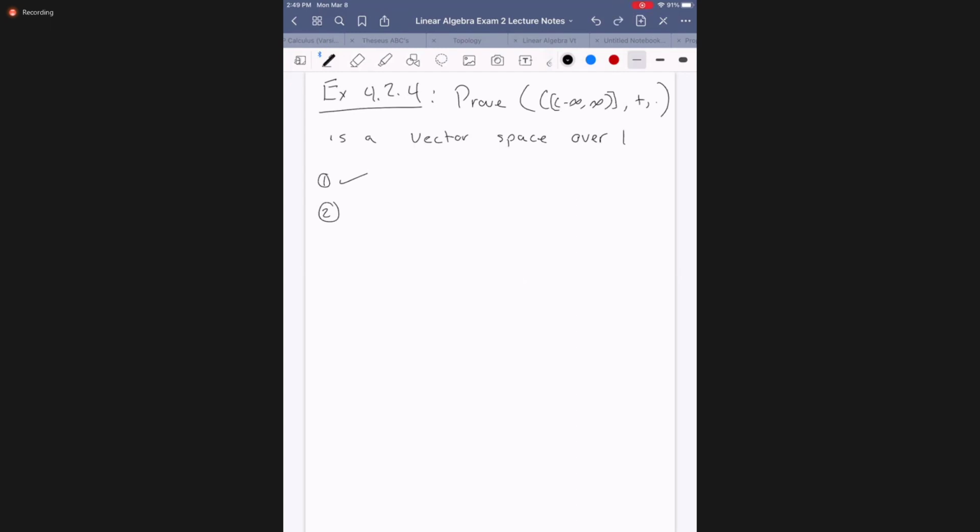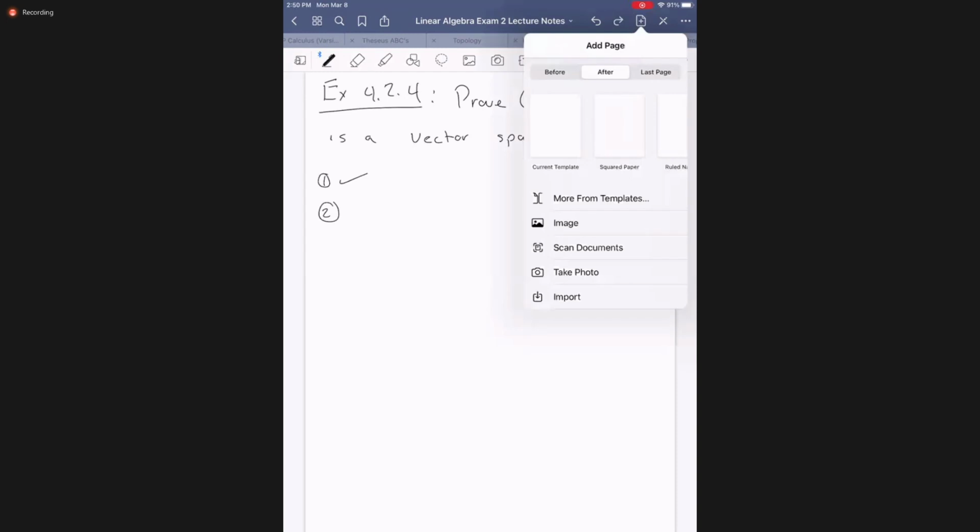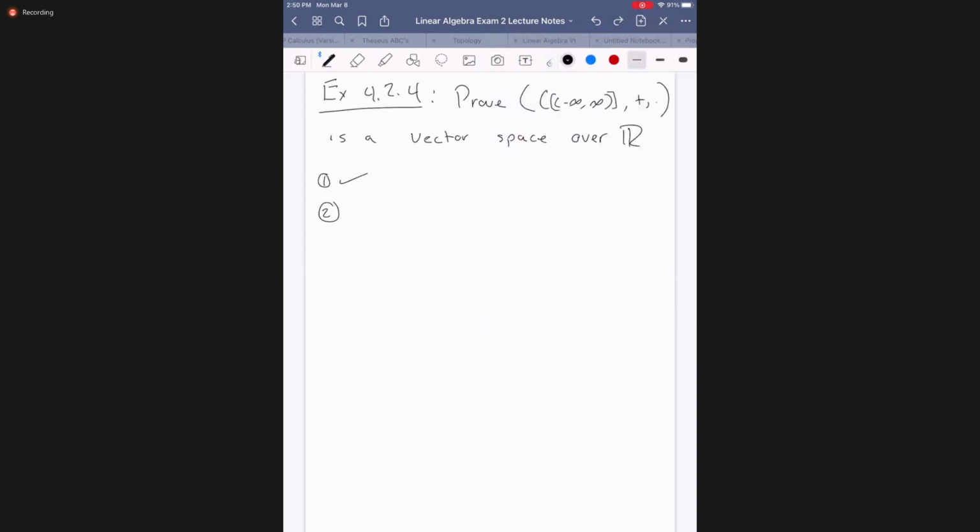In this one, I'm not going to show it because I'm running out of time anyway. So the solution satisfies all axioms. So continuous functions are vectors in this case.